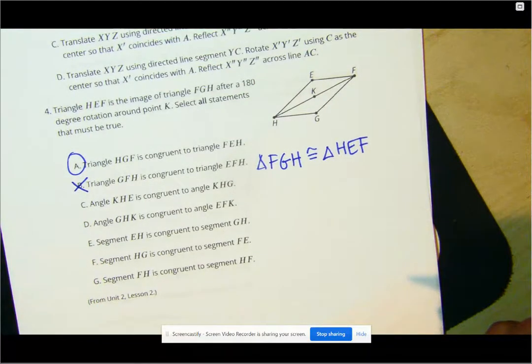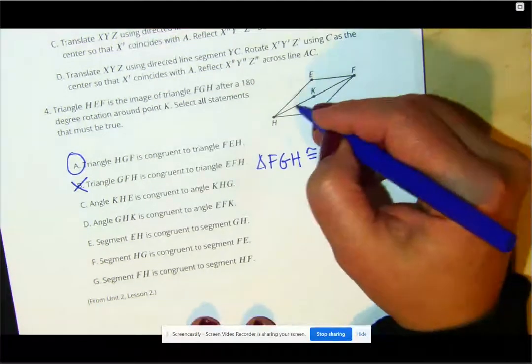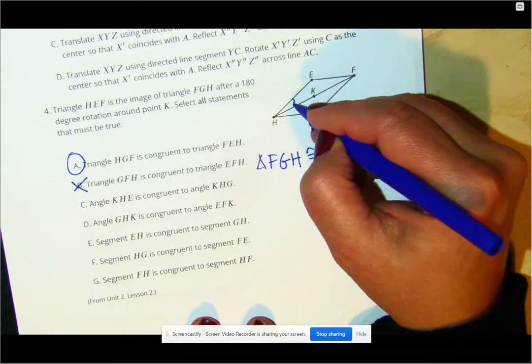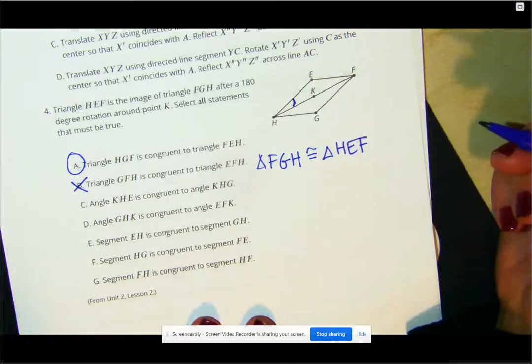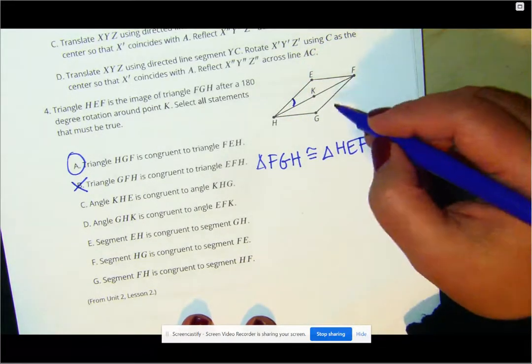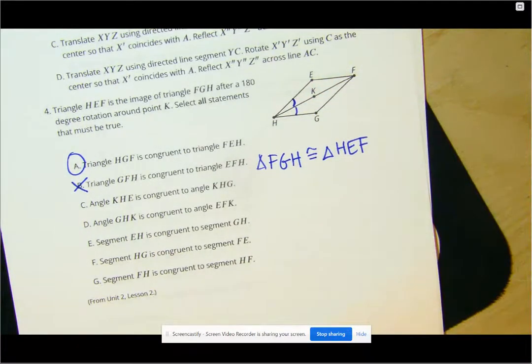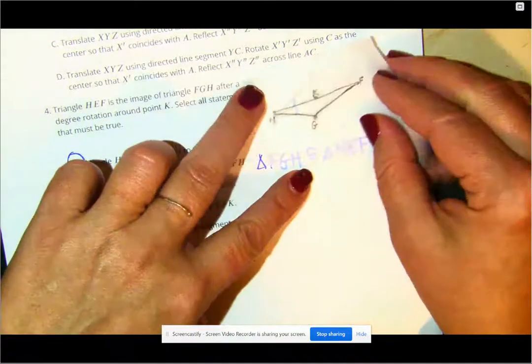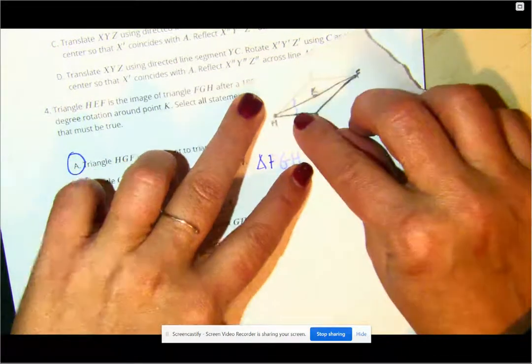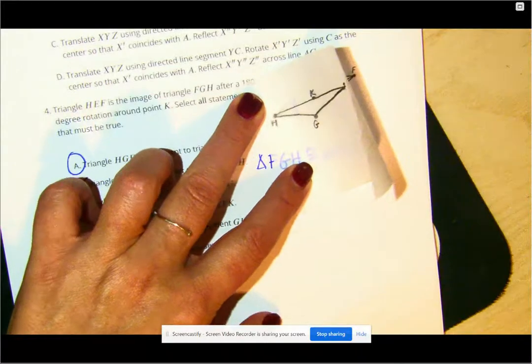Angle KHE, that's this angle right here, is congruent to KHG. We did this in another homework problem. I want you to watch this angle right here. I'll color it.